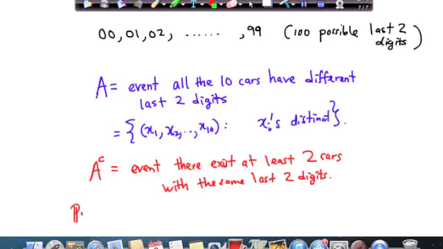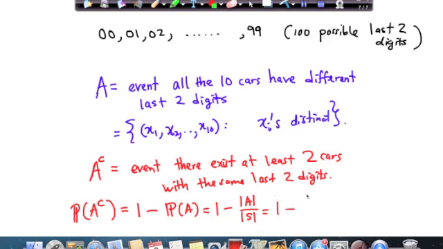Therefore, the probability of the complement of A is 1 minus the probability of A. Since we have worked out the size of A previously, this will become 1 minus the size of A divided by the size of the sample space. This is 1 minus 100 factorial over 90 factorial divided by 100 to the 10. This number is approximately 0.37.